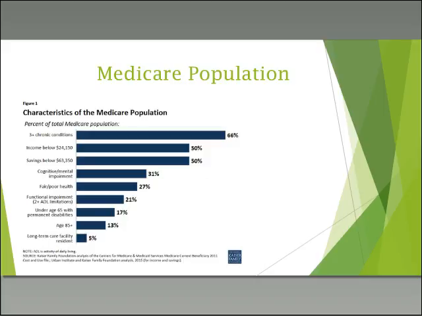This slide shows the Medicare population as of 2011, with an analysis of different ages, disabilities, incomes below, savings below, and conditions of persons and percentages of the nation's people who are on Medicare. You can see on the chart that long-term care facility residents are about 5%, and the highest is 3+ chronic conditions. I found that very interesting when I was looking at this chart.